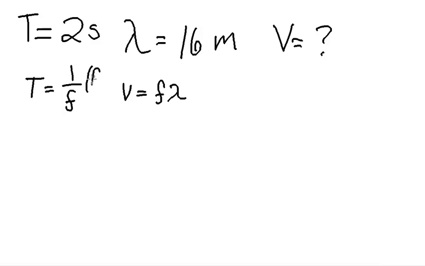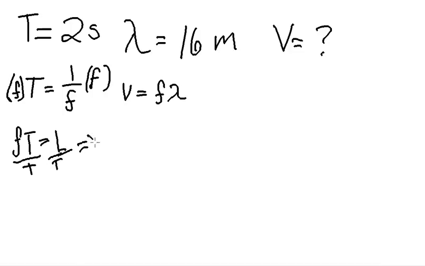If I want to solve for frequency, I have to multiply it on both sides. That would give me frequency times period equals 1. And now I want to divide by period on both sides.